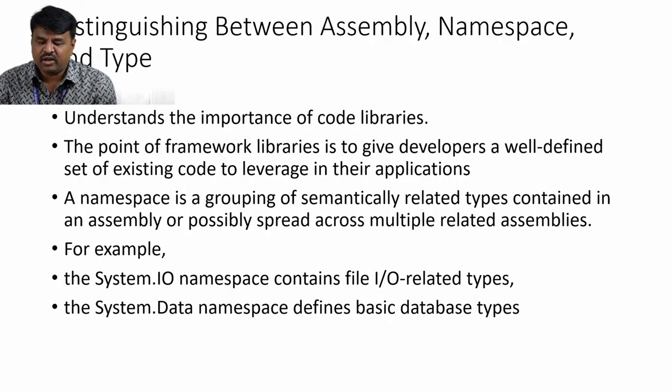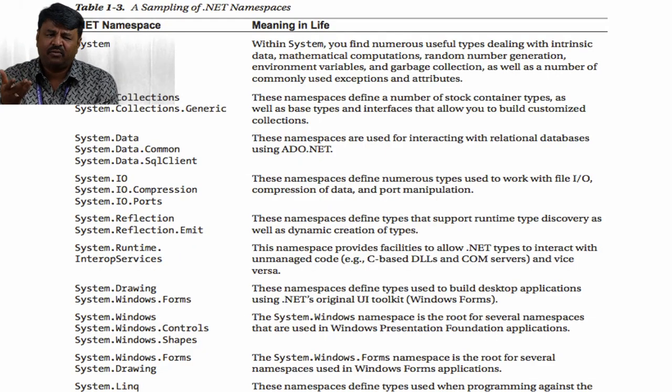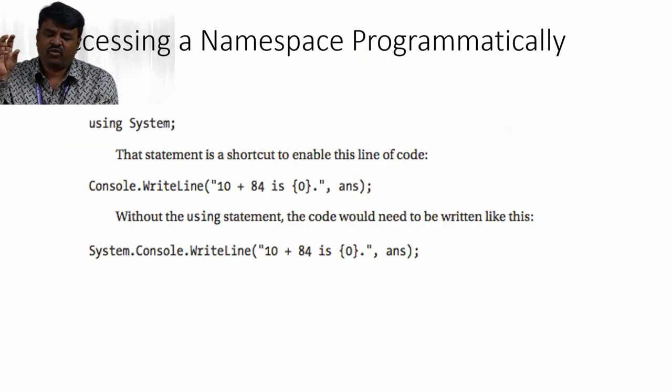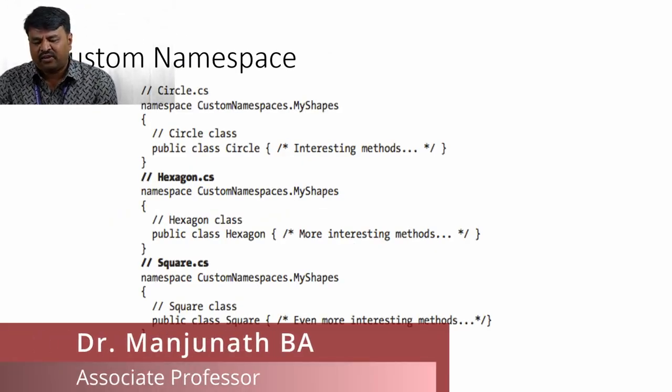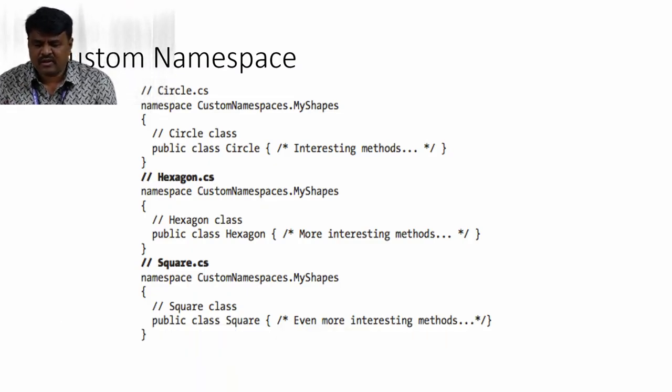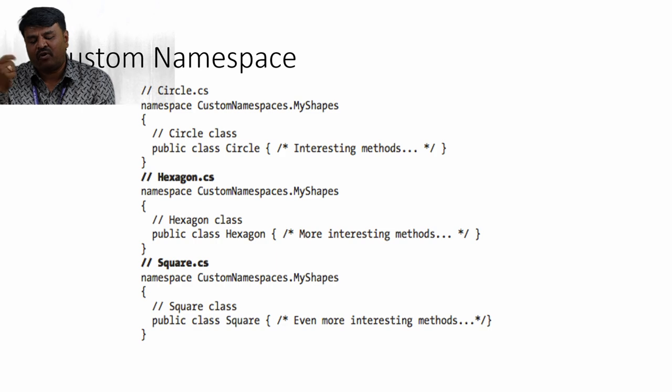In this example, you can learn how to make your own namespace. A namespace is like a header file, so you can create your own header files by using this syntax. Here they have given only circle, hexagon, square, but not only that, any type you can create by using the .cs format.